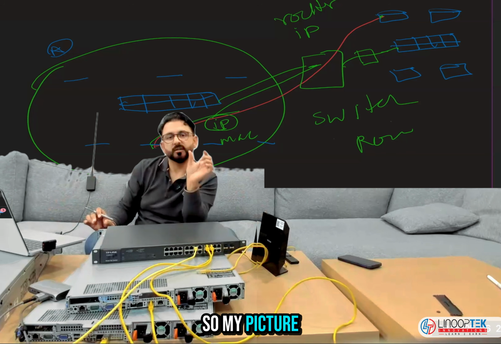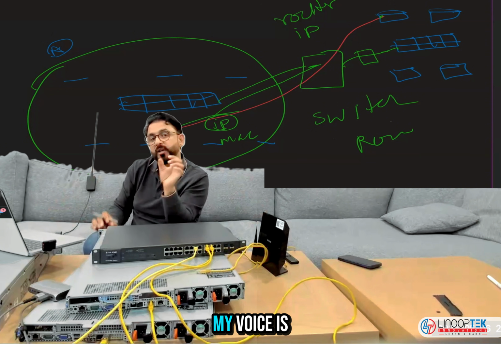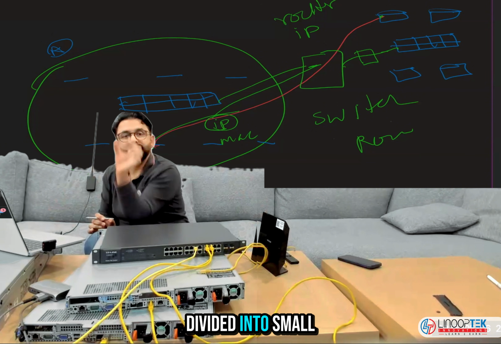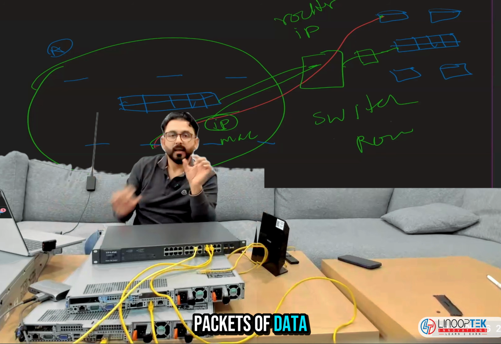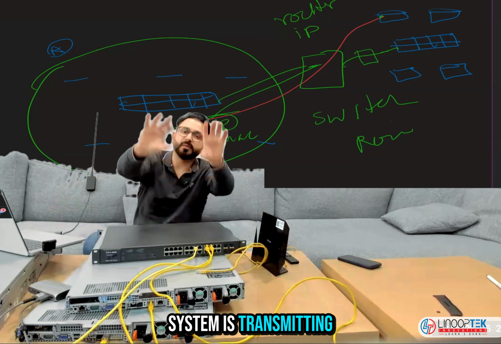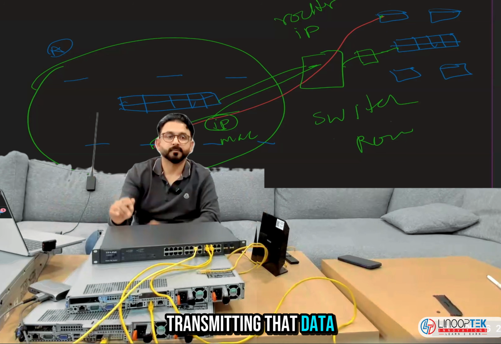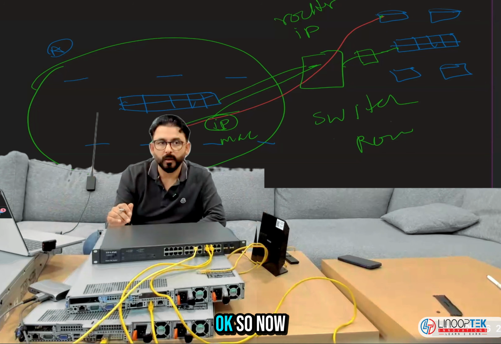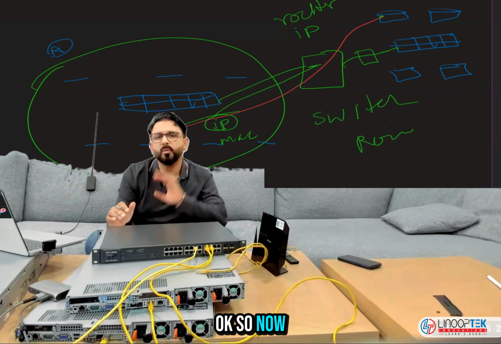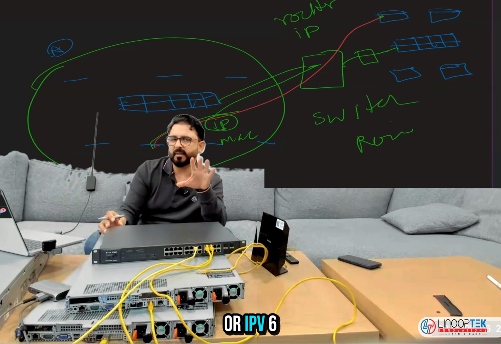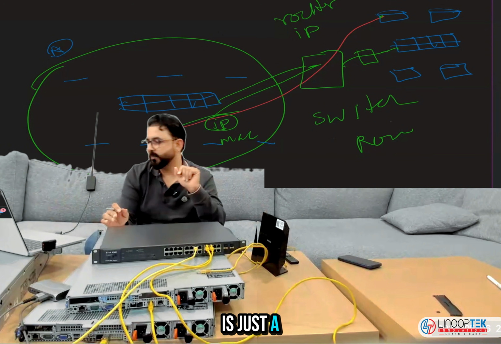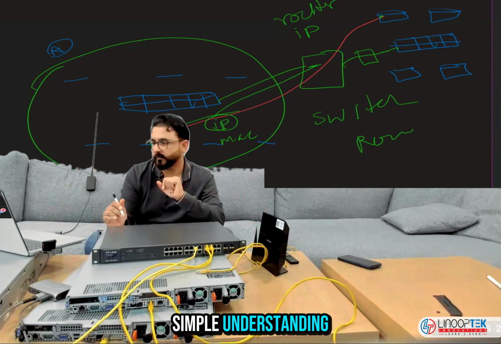So my picture, my talk, my voice is divided into small packets of data. And then my system is transmitting that data. Okay? So now we're not going to cover IPv4 or IPv6 right now. Right now, this is just a simple understanding.